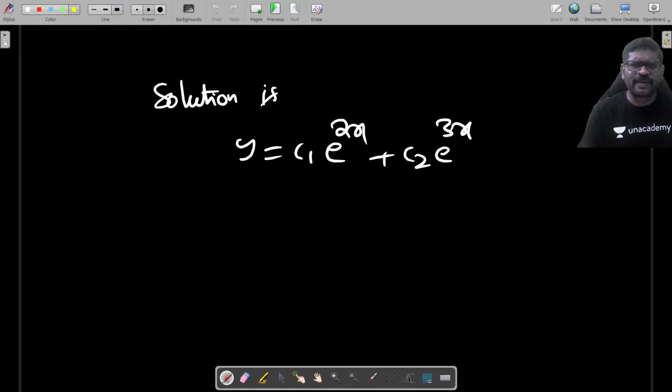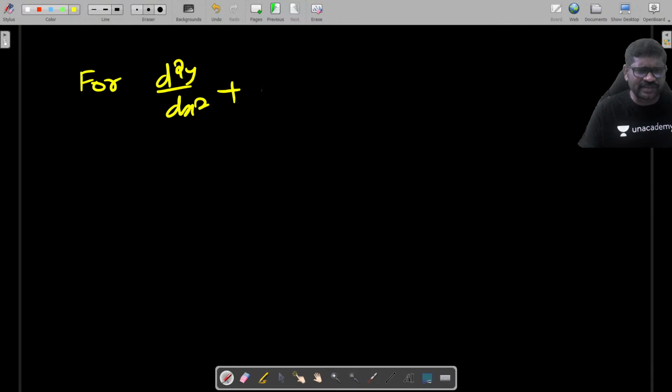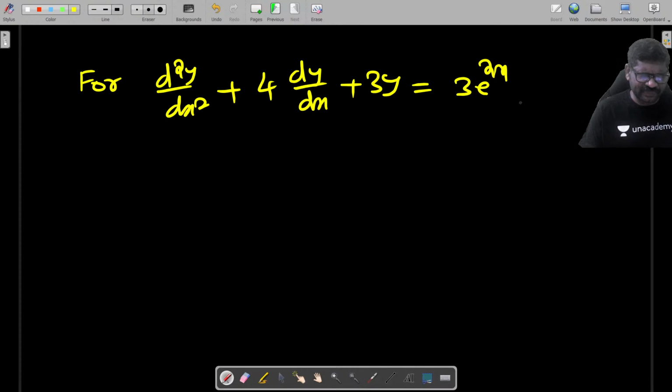Next problem. For d square y by dx square plus 4 into dy by dx plus 3y equal to 3 into e power 2x, the particular integral is.